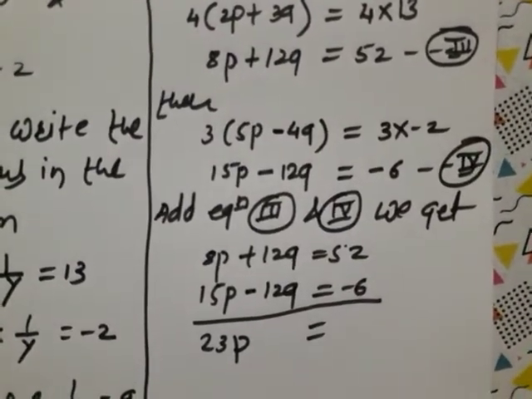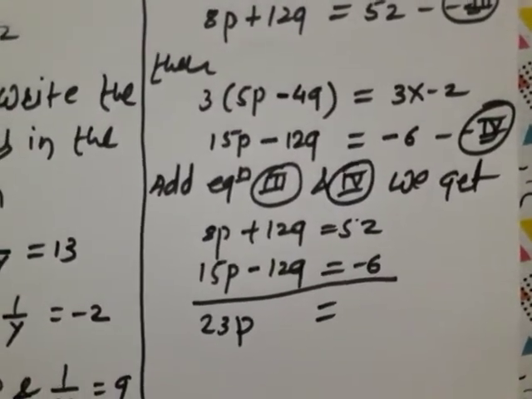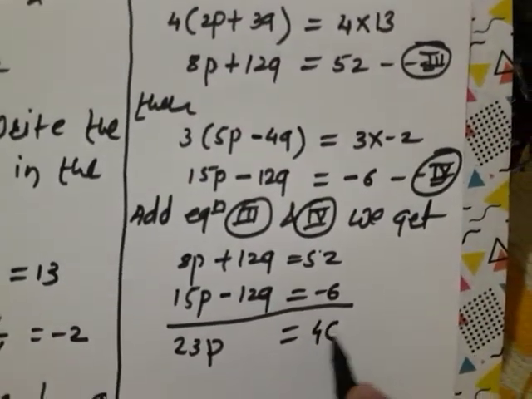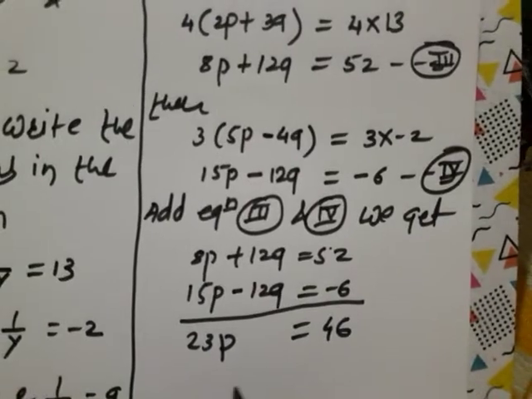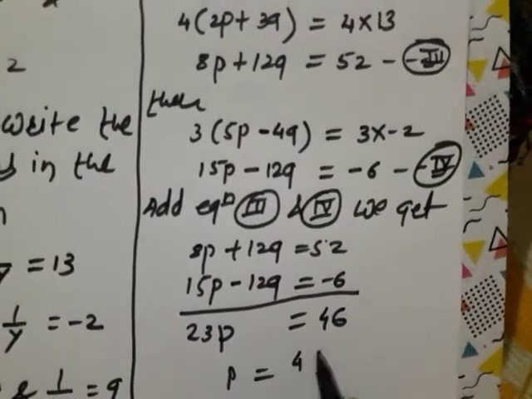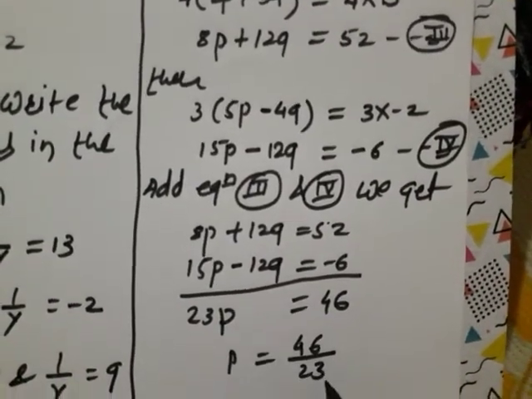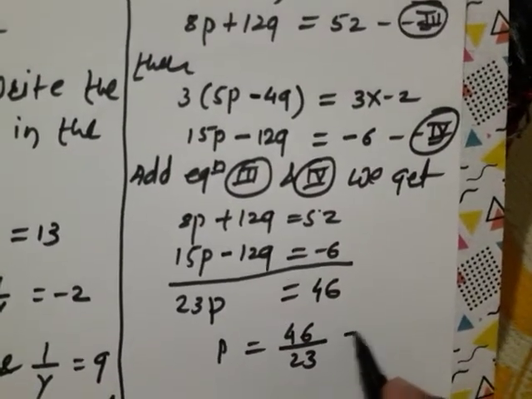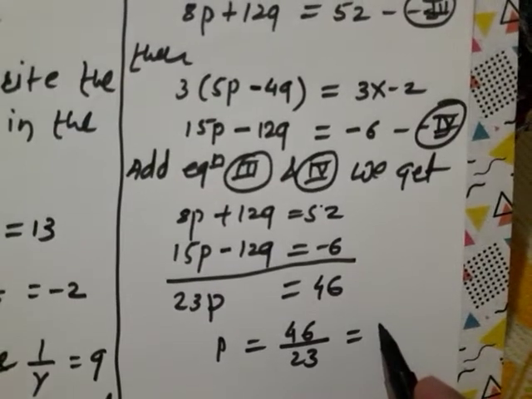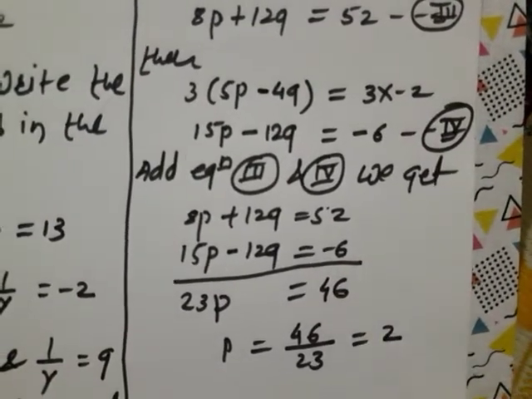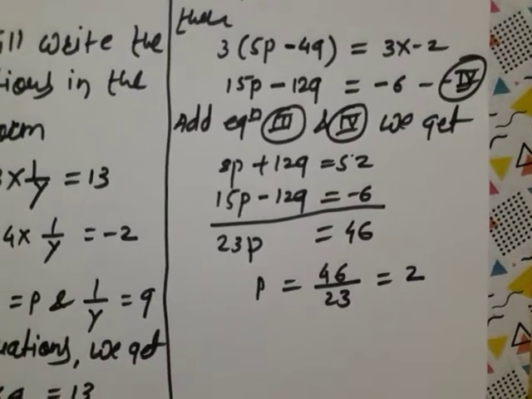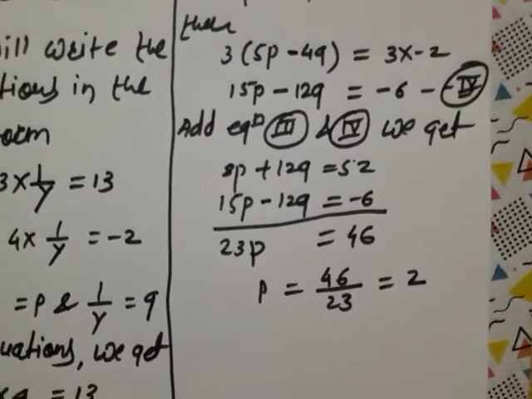Here what will happen? 52 minus 6. 52 minus 6, how much is left? 46. We want to find out p. P is equal to 46 divided by 23. That is equal to what we got here? 2. 23 2s are 46. Okay. Here we got the value of p is equal to 2.